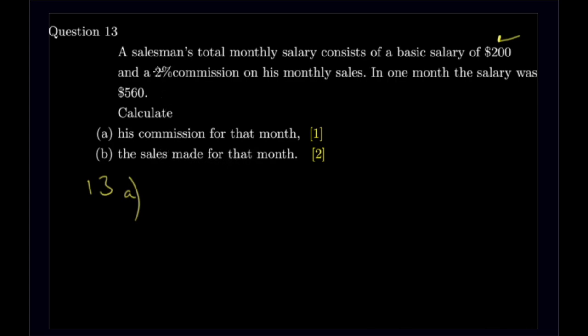So here you were told that his salary was 560. So if his salary was 560, his commission must be 560, which is the total money that you took home, minus the basic salary. The basic salary for him was 200.